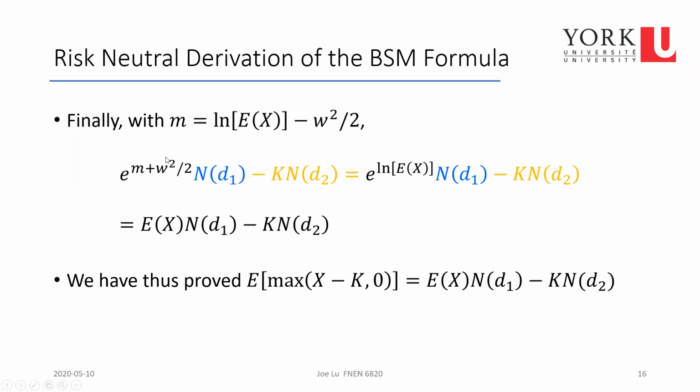So this part and this part cancel out. So you're left with e to the power of log E[X]. And basically that is just E[X], the expected value of X, then times N(d1) minus K times N(d2). So finally, we have shown that the expected value of max(X minus K, 0) is then E[X] N(d1) minus K N(d2).